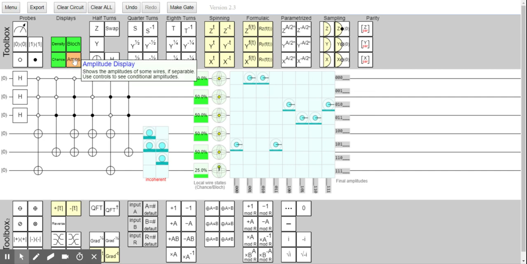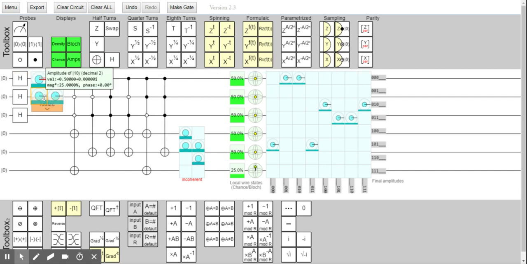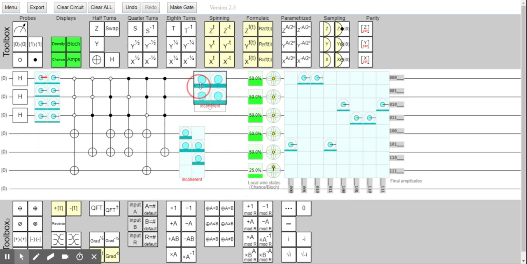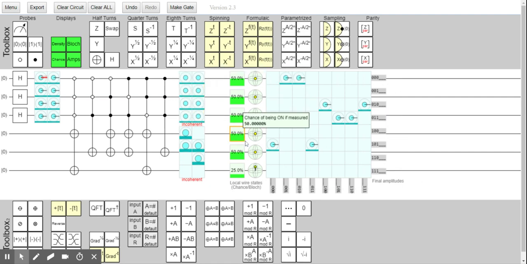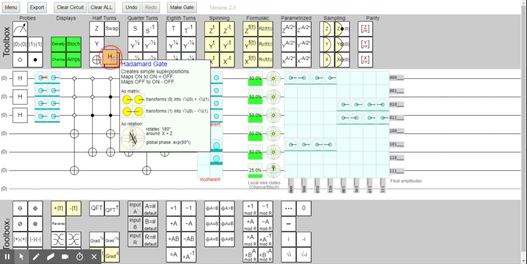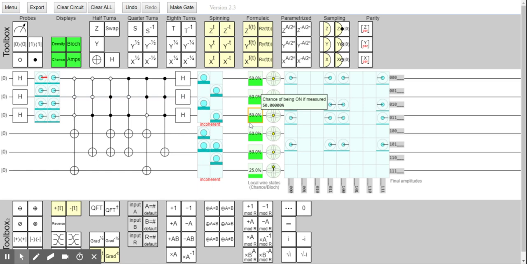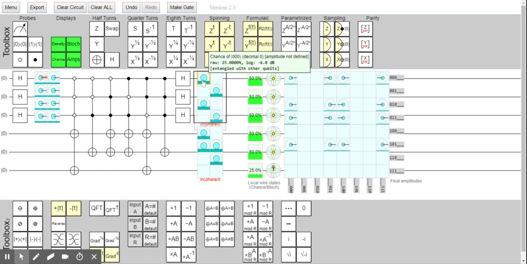Because basically, if I take a look at the amplitudes in here, you've got an equal superposition, and the amplitudes in here, if I now do Hadamards, are kind of different, right?